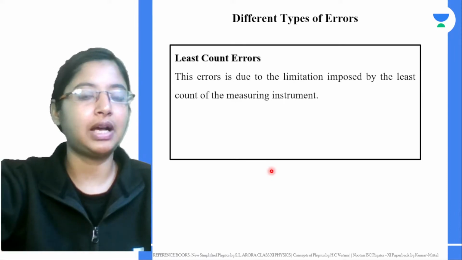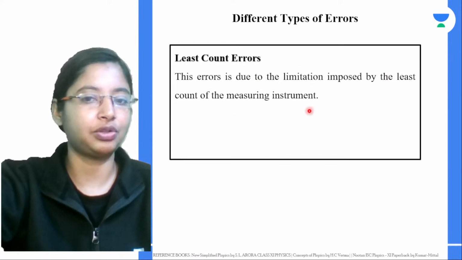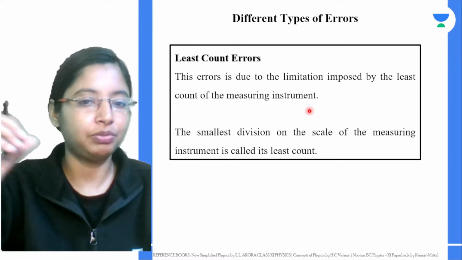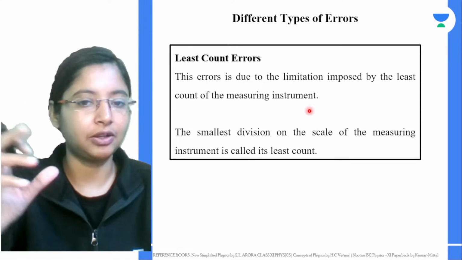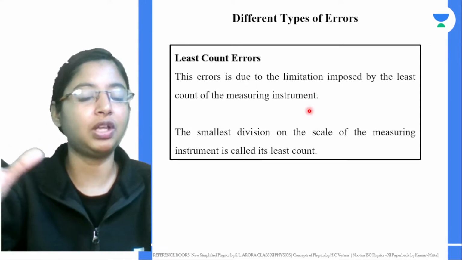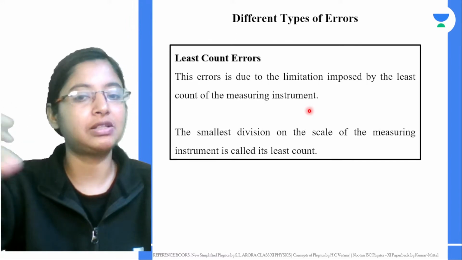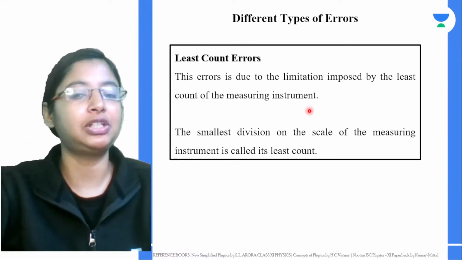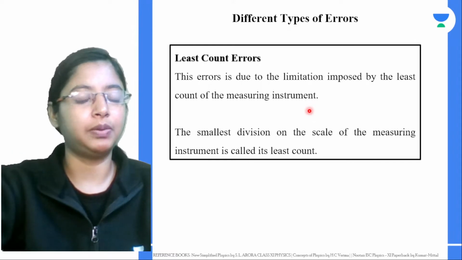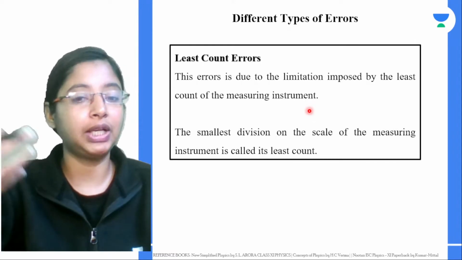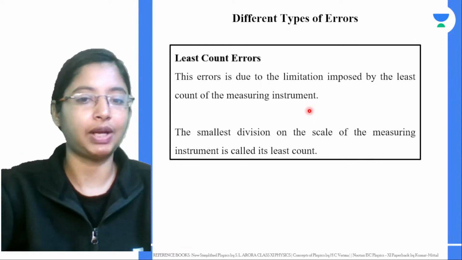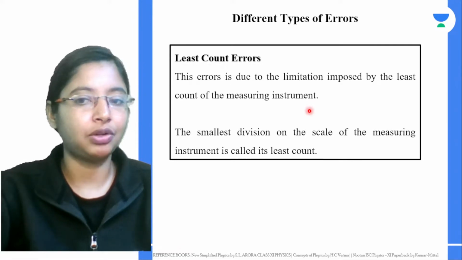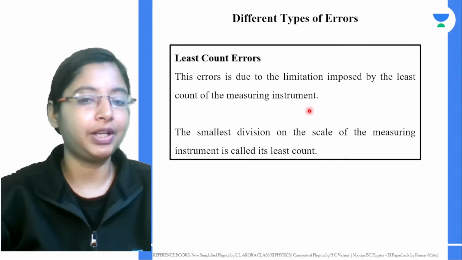Least count errors are due to the limitation imposed by the least count of the measuring instrument. If you have an instrument with a very good least count, one that can measure up to 3 or 4 places after the decimal, then you can get a very precise and accurate value. When that is not possible, you will not get a very accurate value.